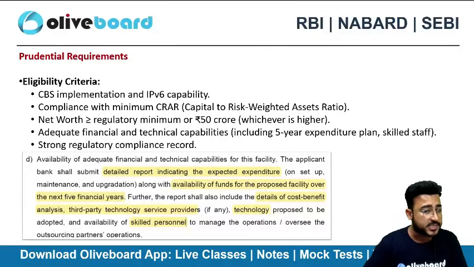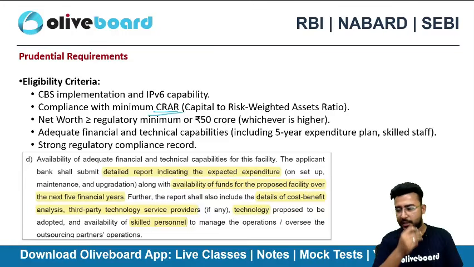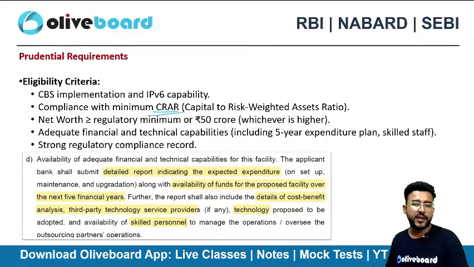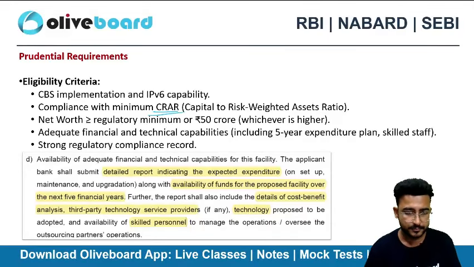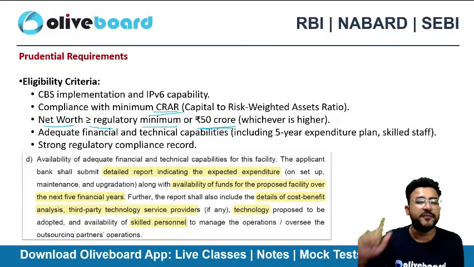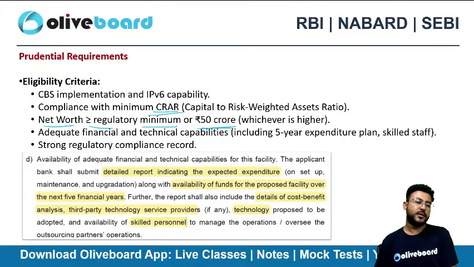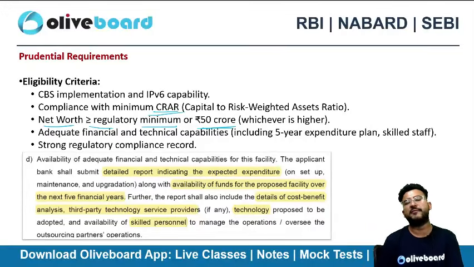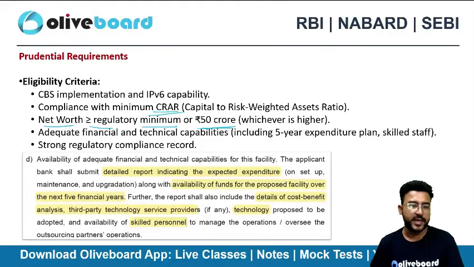CBS implementation should be there. You need to comply with the CRAR norms, because availing the transaction facility can impact your capital structure. Your net worth should be greater than the regulatory minimum or 50 crore, whichever is higher.